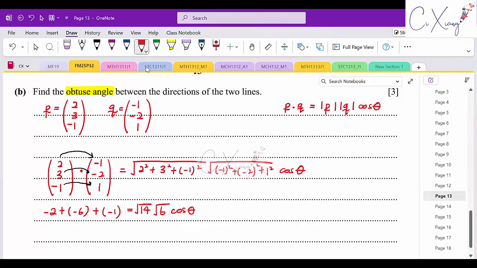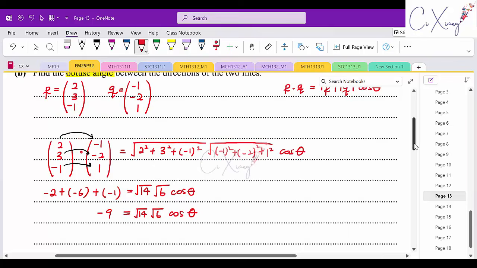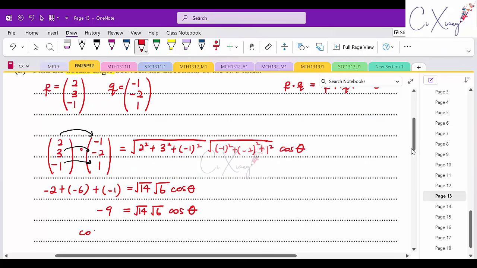Simplify the numbers on the left, you'll get -9. Then to find cos theta, I'll have -9 divided by square root 14 and also square root 6.